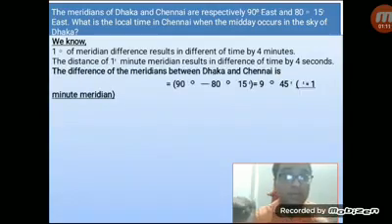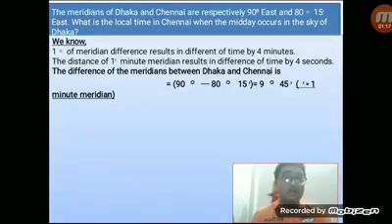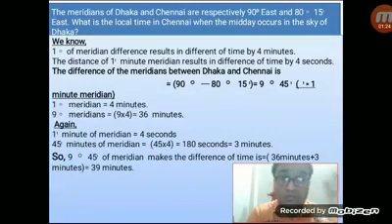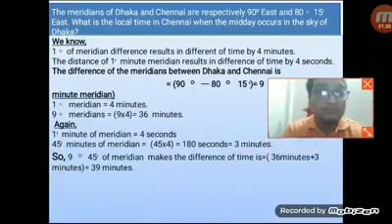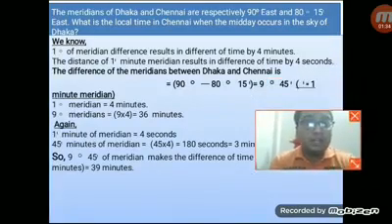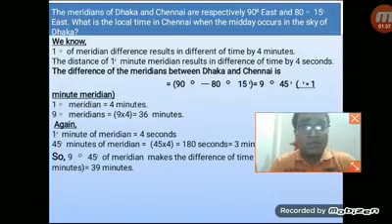The result will be 9° 45' of meridians. Then you have to convert this 9° 45' into minutes. So 9° 45' of meridians will be 39 minutes.